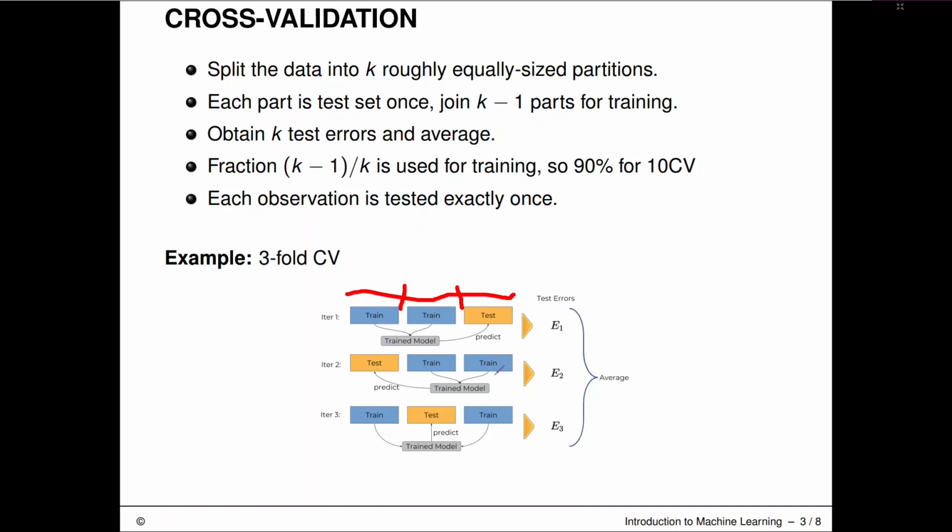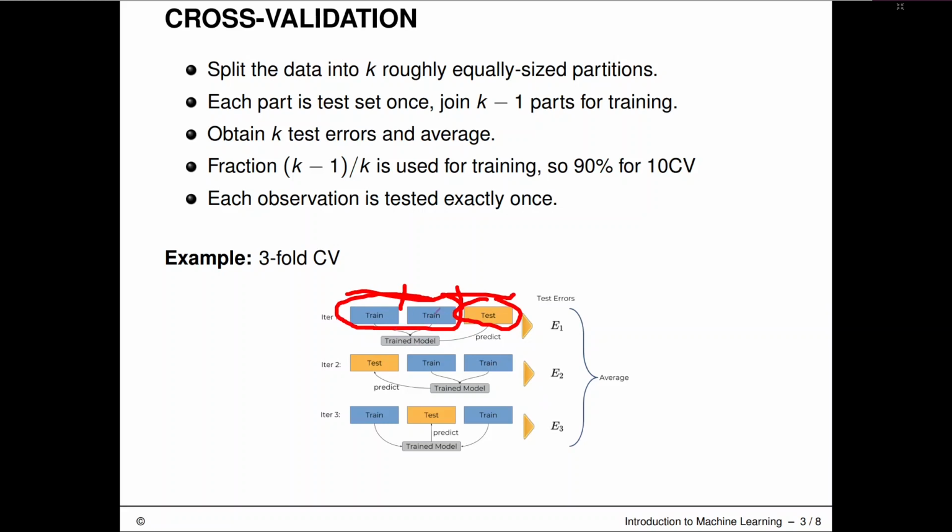Now my threefold cross-validation would have 3 iterations of holdout estimation, and in each iteration, one partition becomes the test set exactly once. In this first iteration, this one would be the test set, and these 2 would take on the role of the training data. So they get joined, merged.